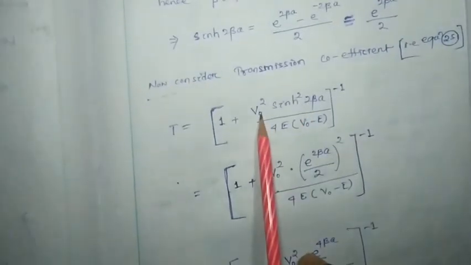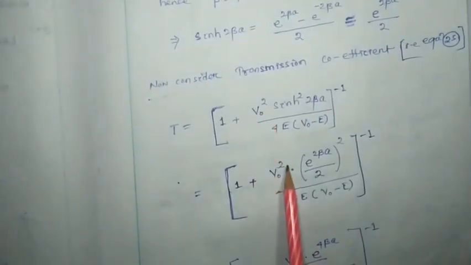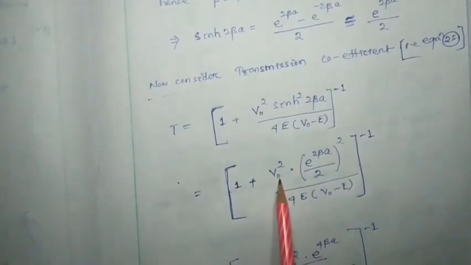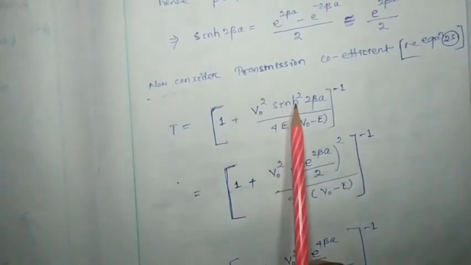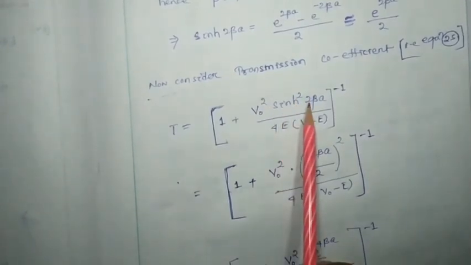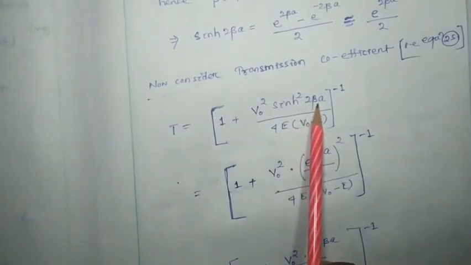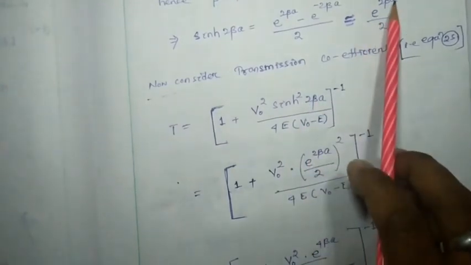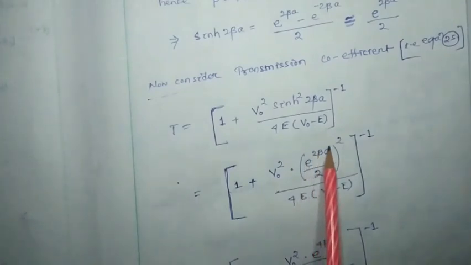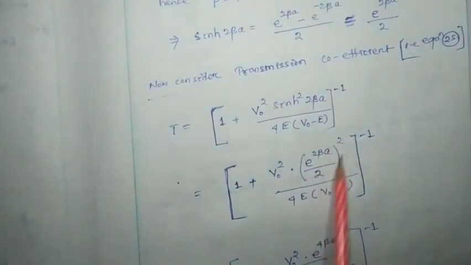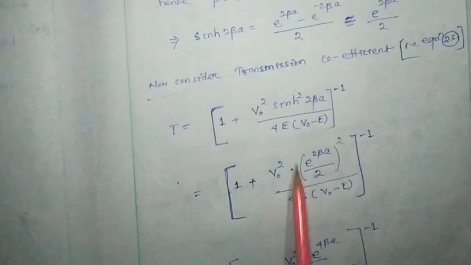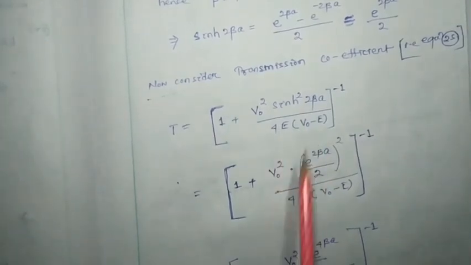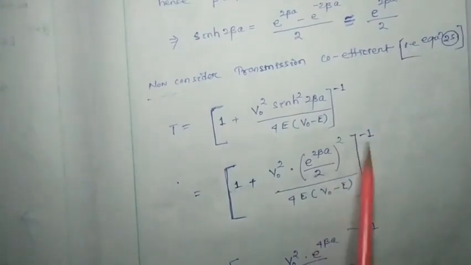So here V0 squared, as usual, into sinh squared 2βa written as e to the power 2βa by 2, whole squared, divided by 4E(V0 minus E), and whole inverse.